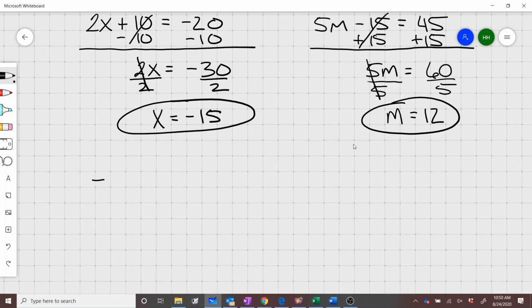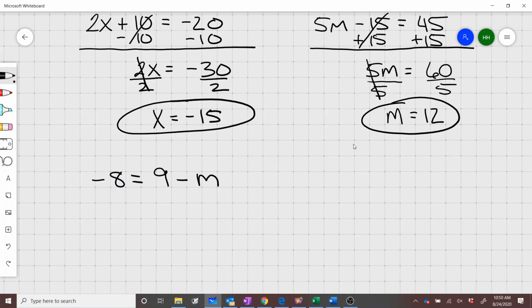What if we get like negative 8 is equal to 9 minus m? Well, this is a one-step problem, but this is where it can get real confusing, okay?